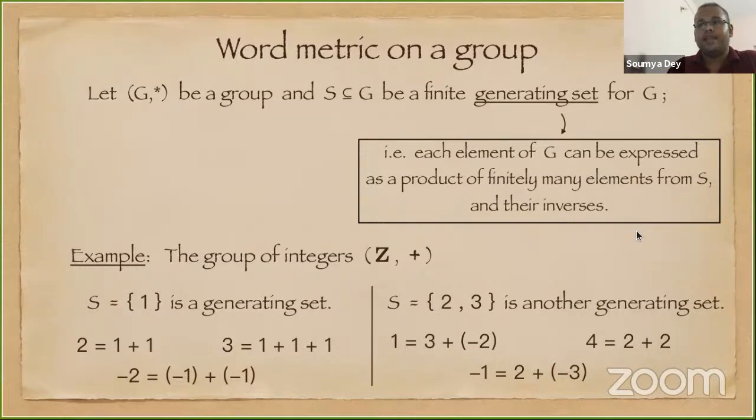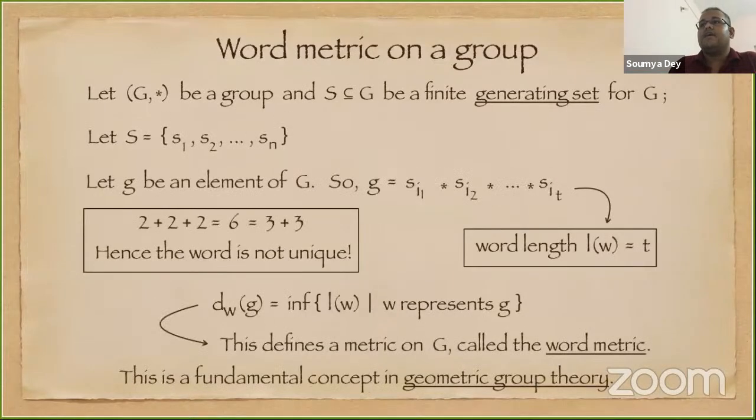Let's move on. What exactly are we trying to do with this generating set? Suppose the S that you have chosen is S equal to {S1, S2, up to Sn}. So n many elements are there in this generating set. Any g, if you choose any small g from your capital G, can be written as a finite product of elements from this generating set, correct?